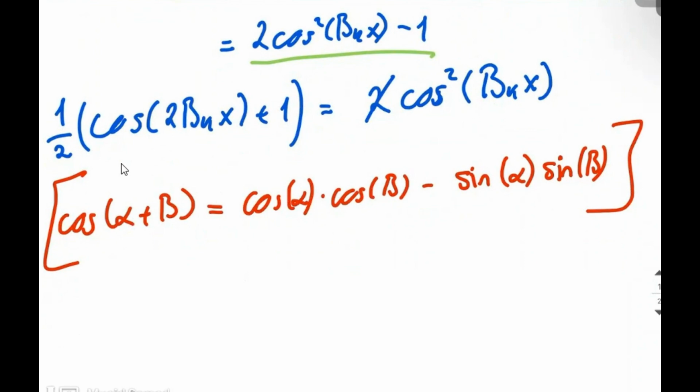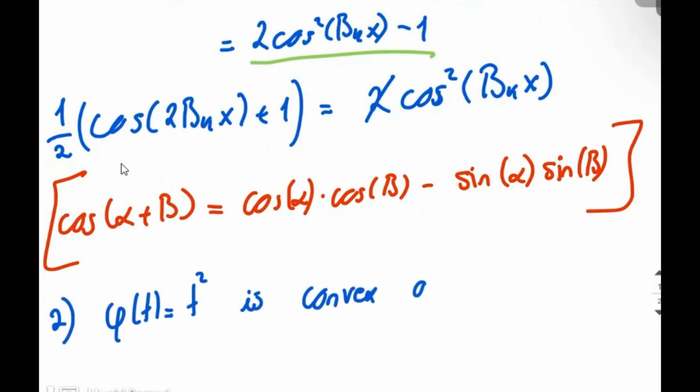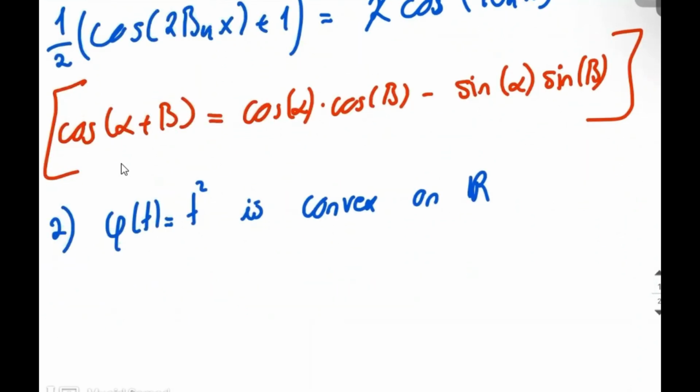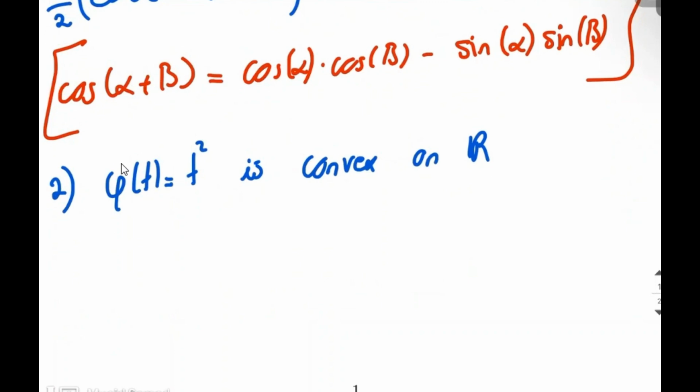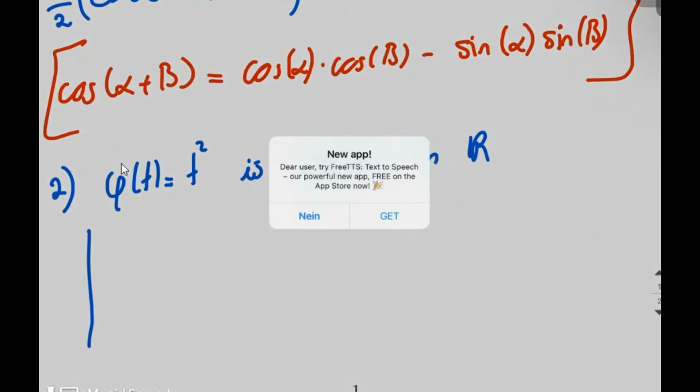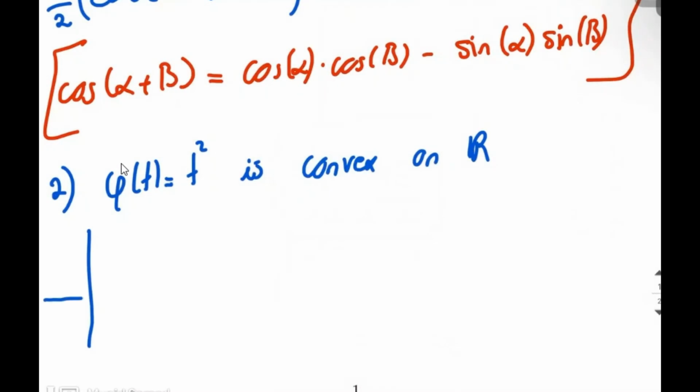Okay, let's keep going with our second fact that we want to use, which is that the function phi of t equals t squared is convex on the real numbers. What does it mean? So basically, if we want to use a graphic interpretation of what this means, this would be a function that always points upwards.